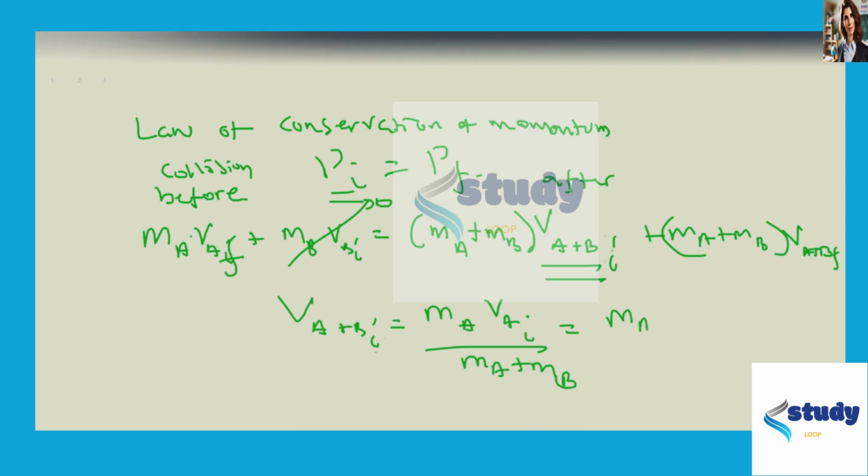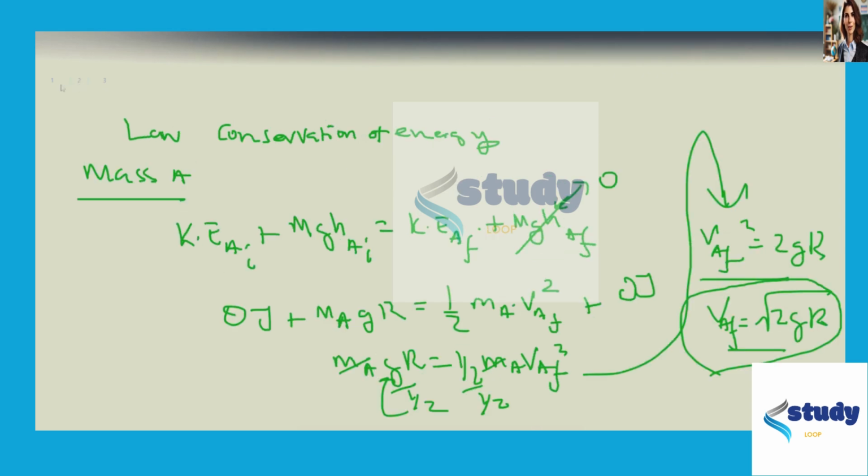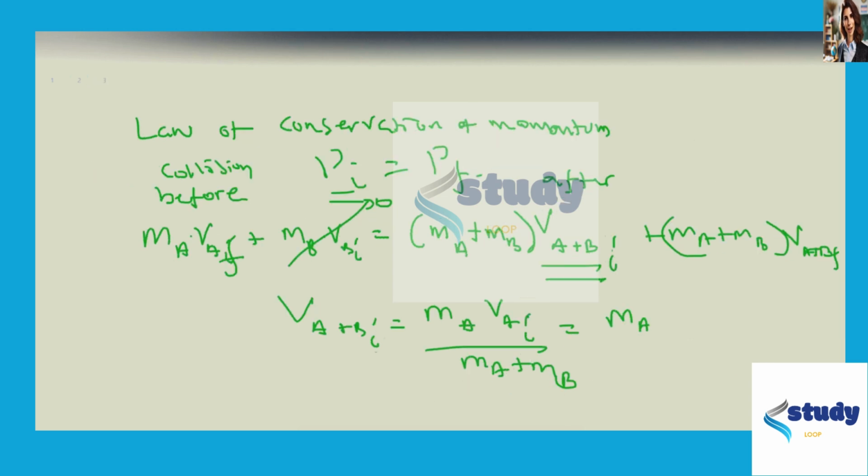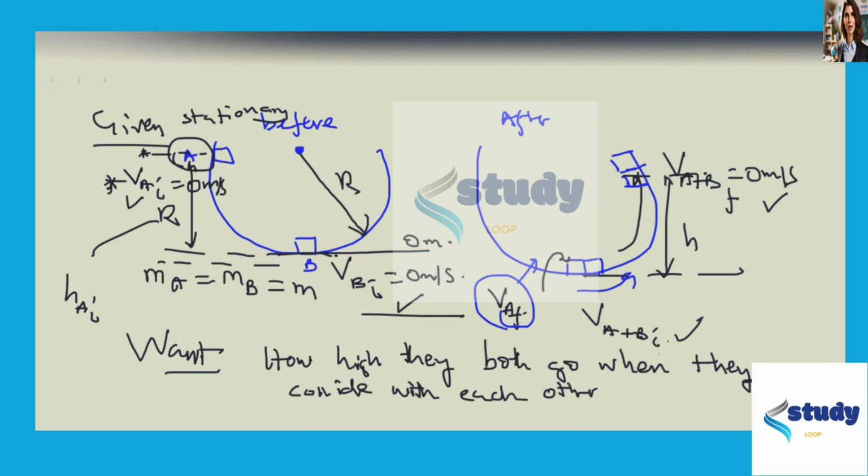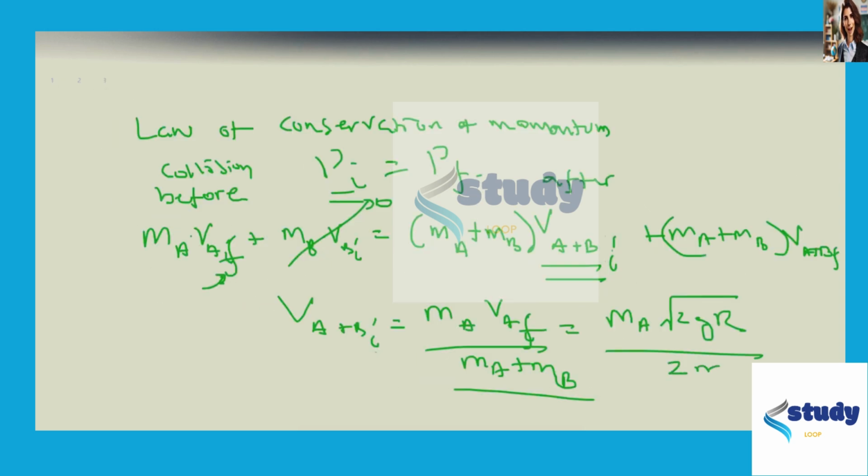We're going to plug in MA, VA final just before they collide, because we changed this to VA final equals radical 2gr like that. And then we're dividing that by MA plus MB. But if you can recall, MA and MB are equal to M. So this is just 2M.